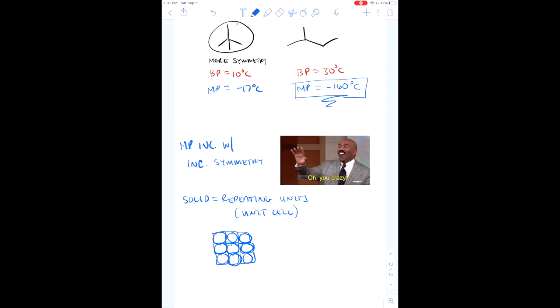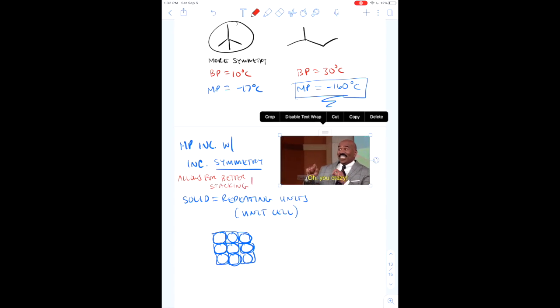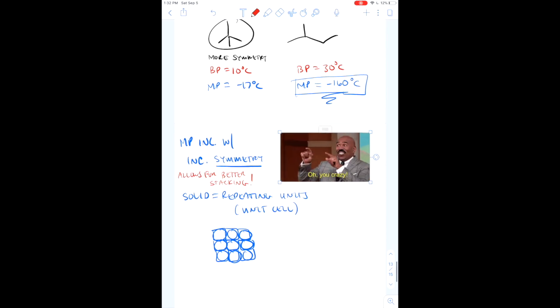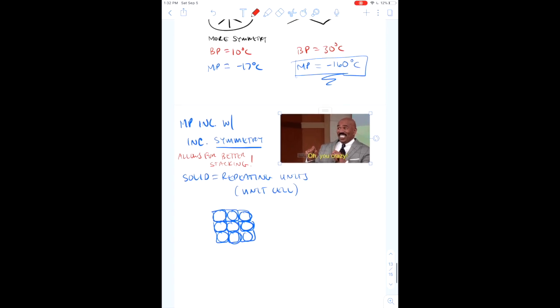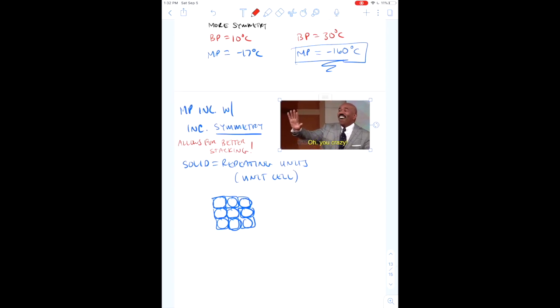And so I'm not even going to try and draw an oddly shaped thing trying to make stacks, but I think hopefully you get the idea that symmetry allows for better stacking, okay? And this basically allows us to form that solid much easier, and therefore at higher temperatures, and it takes more heat to break it up into a liquid.